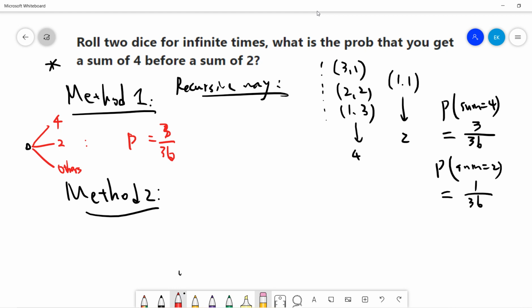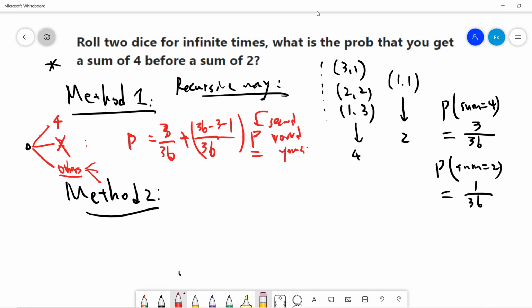The third contribution is others, which is 36 minus 3 minus 1. If you get others, then you go into a second round, and it's the same, so it's multiplied by P. In the second round, you again get 4 before 2.